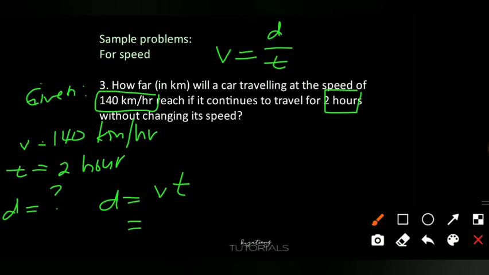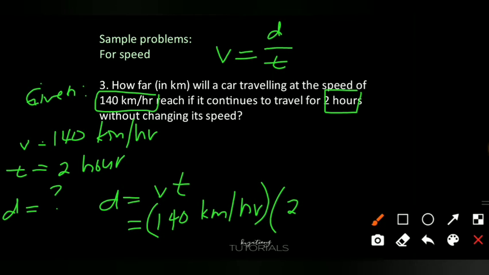So, pasabot this is 140 kilometers per hour times 2 hours. Diba? No. So, 140 times 2 is, pila man na? That is 280.